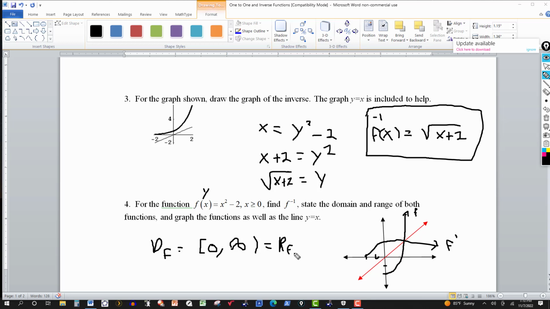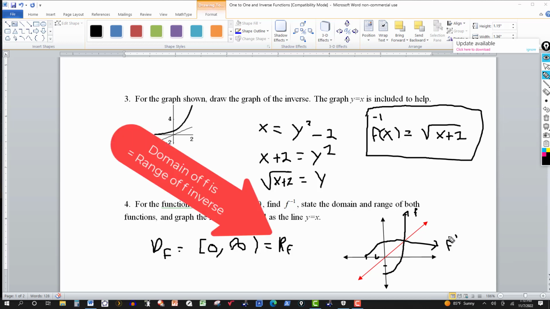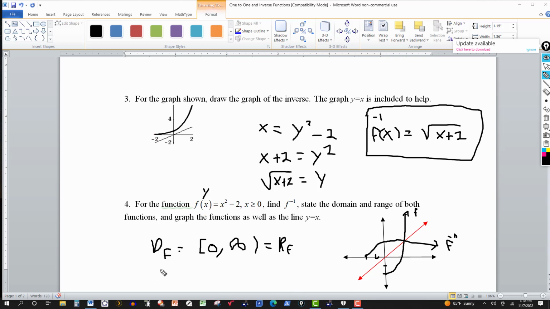And you can see that this is f inverse here, and it stays above the x-axis, so that's 0 to infinity. And then the range of the function, you just look at the graph of the function, that's the value of y, so that's from -2 to infinity.